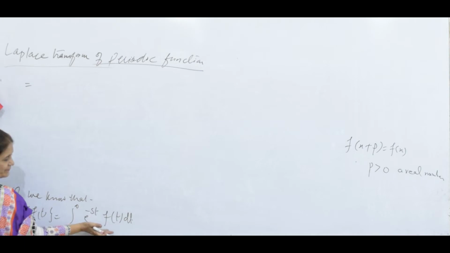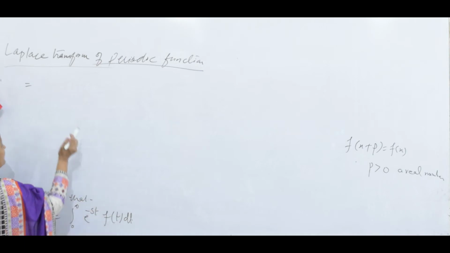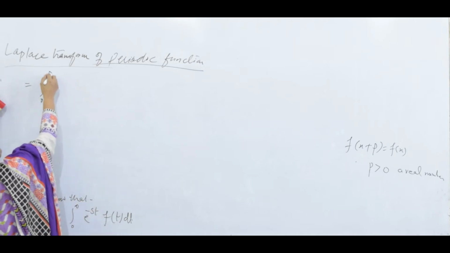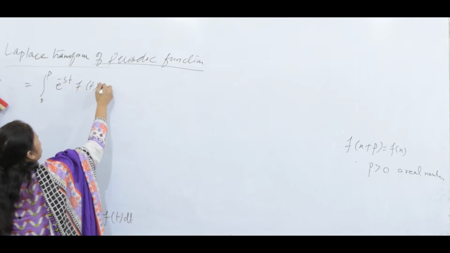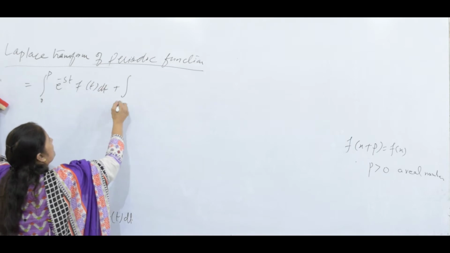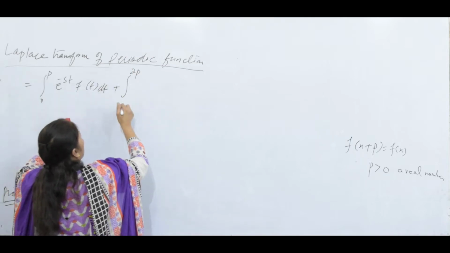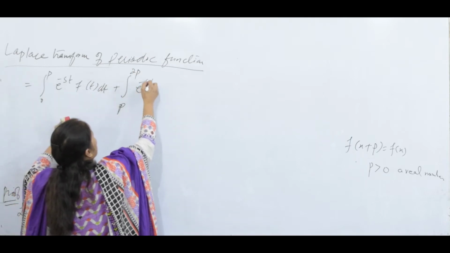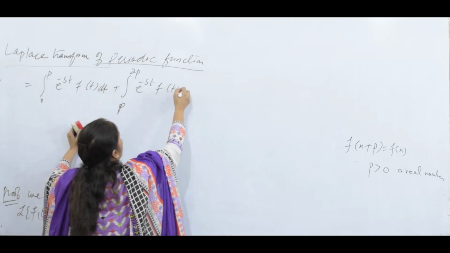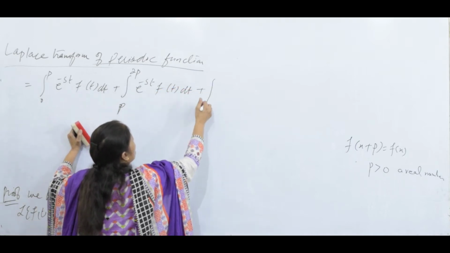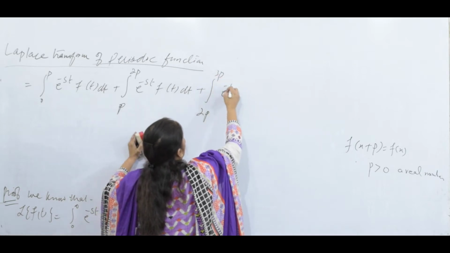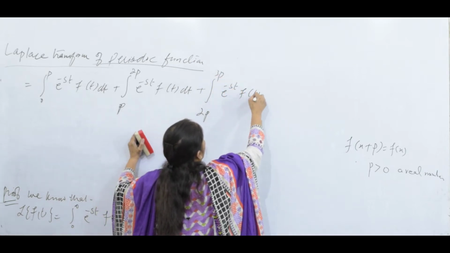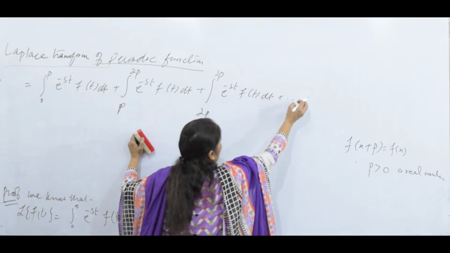So this right hand side I can write as the integral from 0 to p of e^(-st) f(t) dt plus the integral from p to 2p of e^(-st) f(t) dt plus the integral from 2p to 3p of e^(-st) f(t) dt plus so on and so forth.